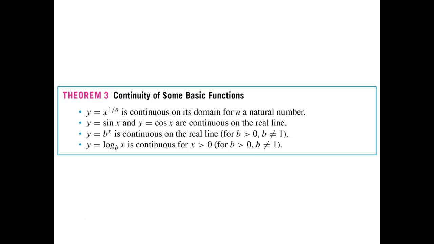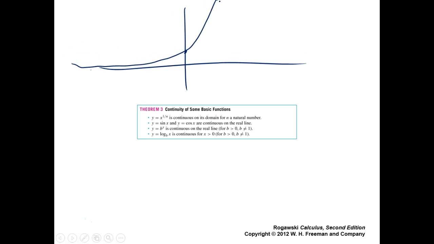One of the reasons for that is they're the inverse functions of an exponential function. By the way, for the exponential function, at x equals 0, b to the x is always 1. So that's what your exponential function looks like, basically something like that.